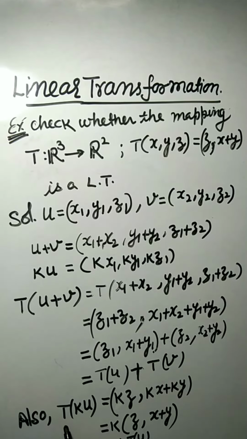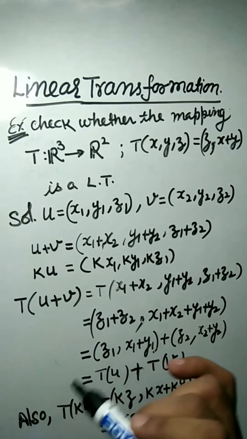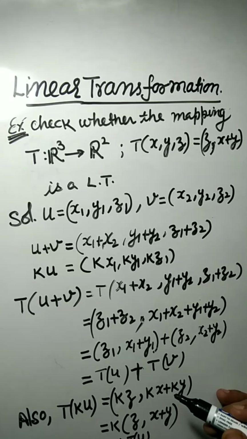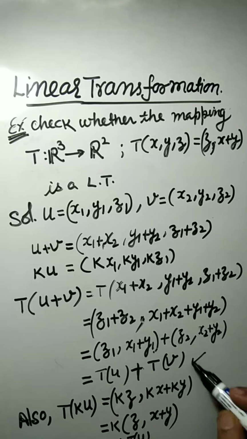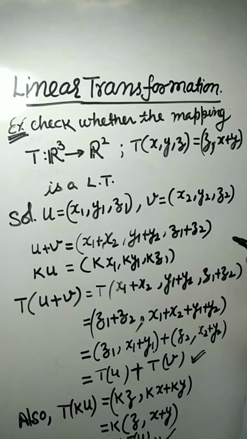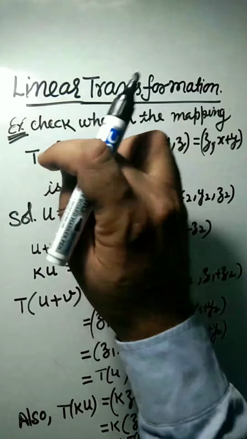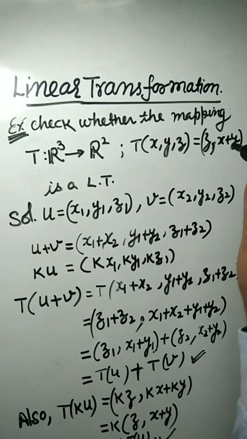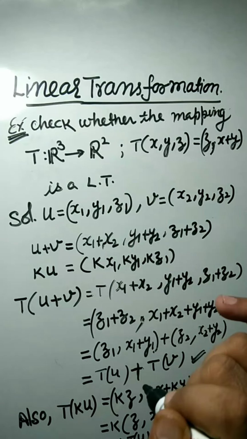Since the transformation on ku is kT(u) and the transformation of a sum of vectors gives us the separated transformations of vectors, this property holds true. Both properties of linear transformation are satisfied here. So we can say this transformation from R3 to R2 defined by this one is a linear transformation.